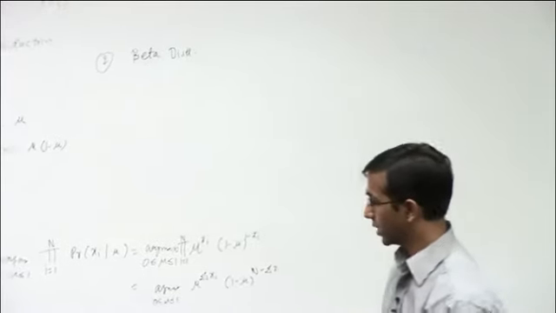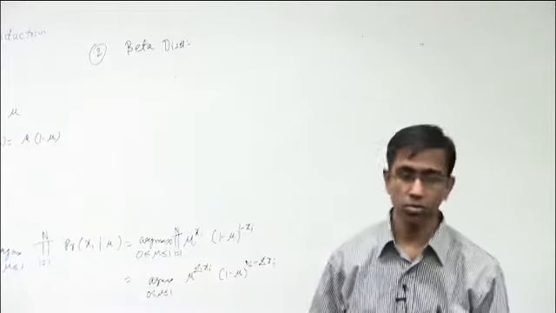The beta distribution you can essentially think of as a distribution over mu.